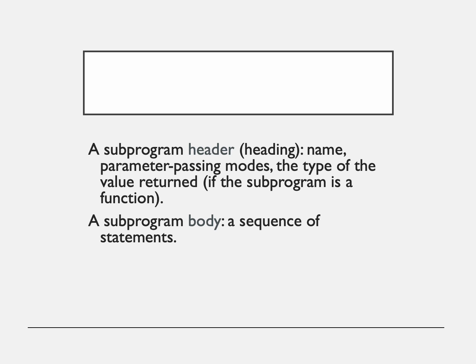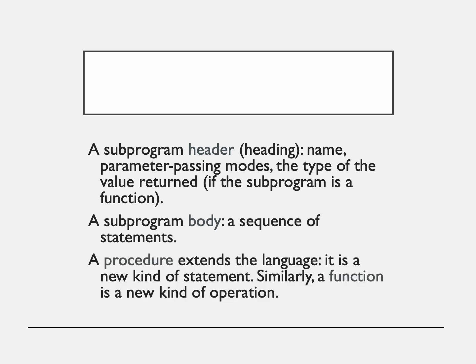Then the subprogram body. Following the header is the subprogram body, which contains a sequence of statements that define the actual operations the subprogram performs. This is where the logic of the subprogram is implemented, from simple calculations to complex algorithmic procedures. Next we have procedures and functions, which can be seen as extensions to the programming language.